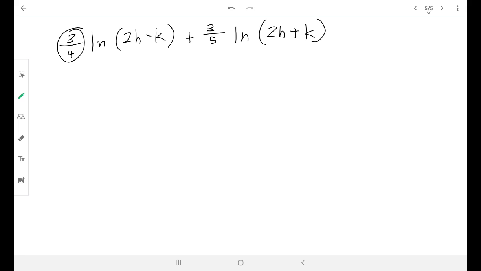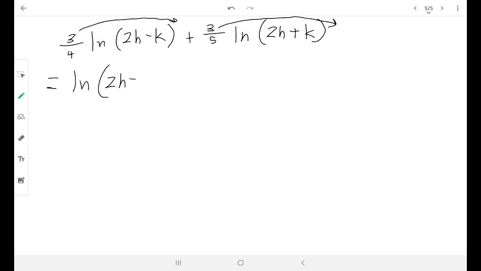Now, both of these things, these multiplications, can move to become exponents. So that's what I'm going to do first. So that'll be the natural log of the quantity 2h minus k raised to the 3/4 power plus the natural log of 2h plus k raised to the 3/5 power.